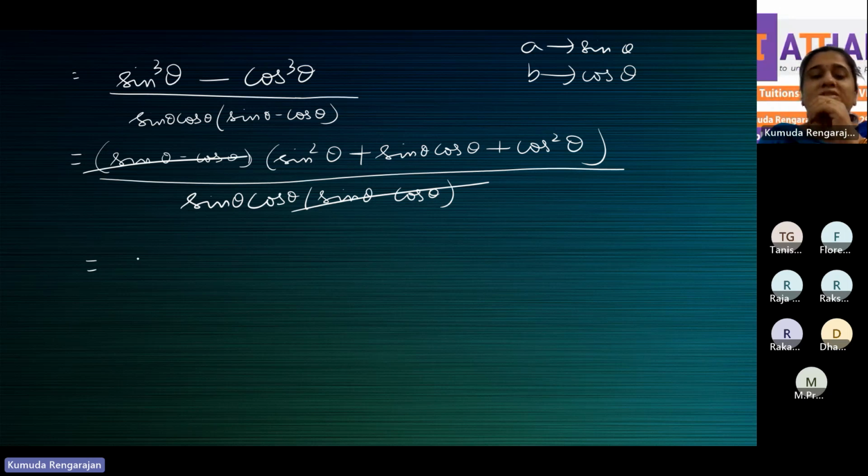Online students, tell me how can we simplify the numerator? Sin square theta plus cos square theta is equal to 1. Very good.